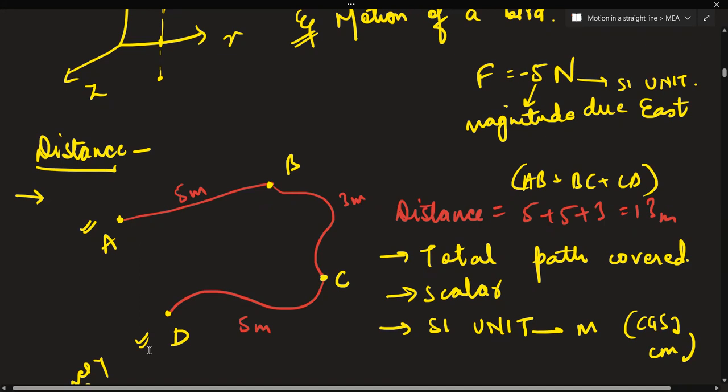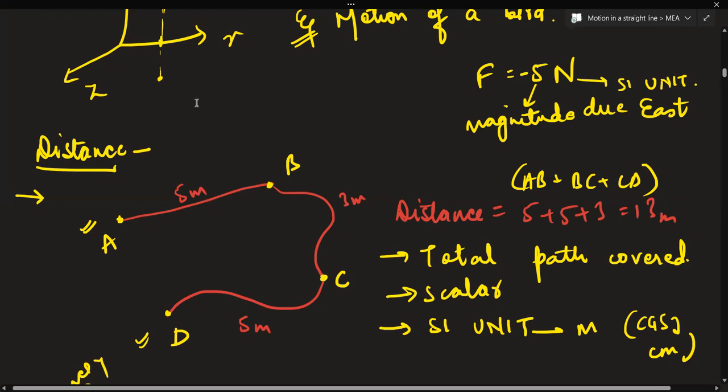So if I ask you what is the total path covered by the particle, you will say 5 plus 3 plus 5, right? This distance, then plus this distance, then this last S-shaped distance. So distance is actually the total path that is covered.